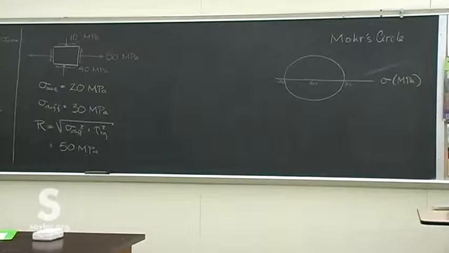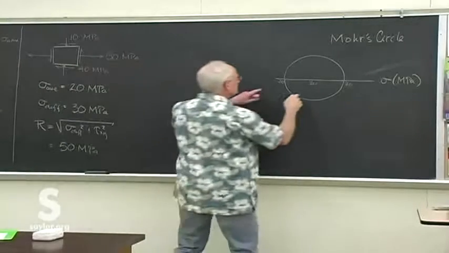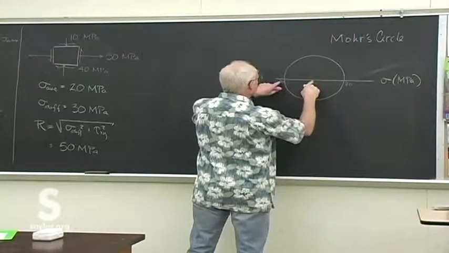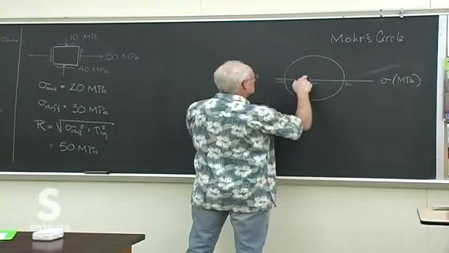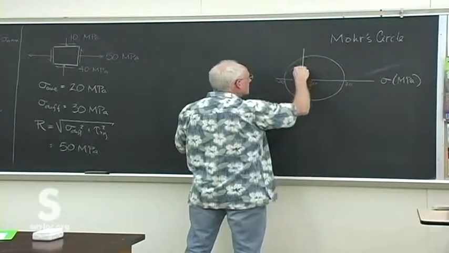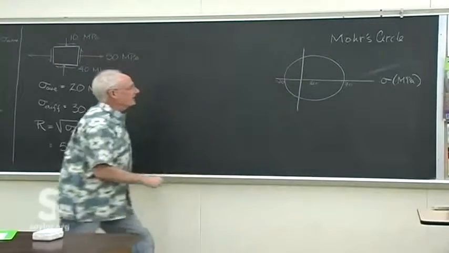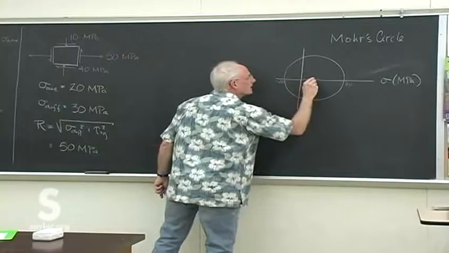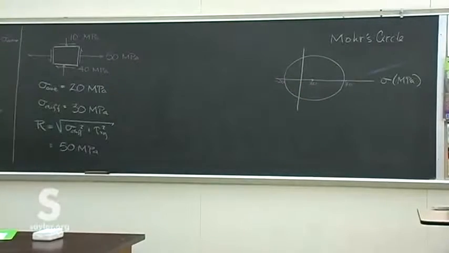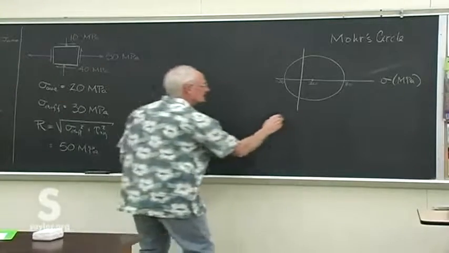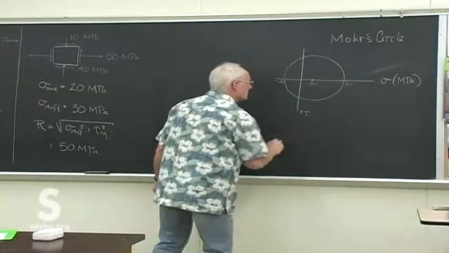And now when you've got those, you can place your y-axis, the shear stress axis. So if that's a distance 50, we're about 20, so that'd be right about there, give or take a little bit. It's just a sketch. And remember, the positive direction is down.